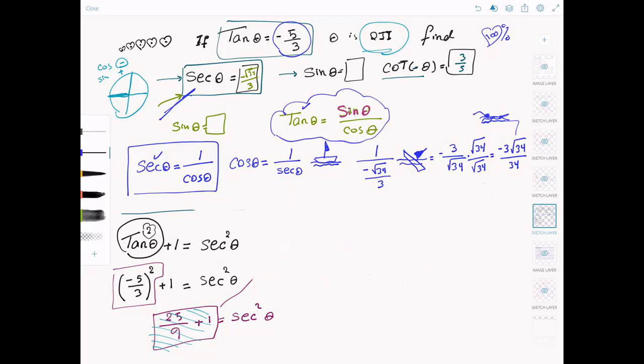I'm going to continue the same blue color. Tangent of theta we have is, so before I plug it in, because we're looking for sine of theta, I'm going to cross multiply by cosine theta.